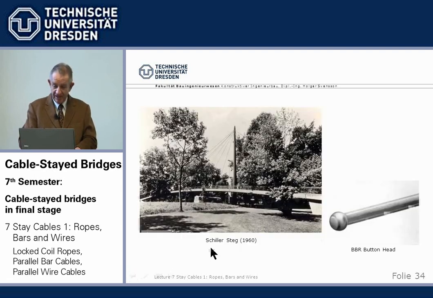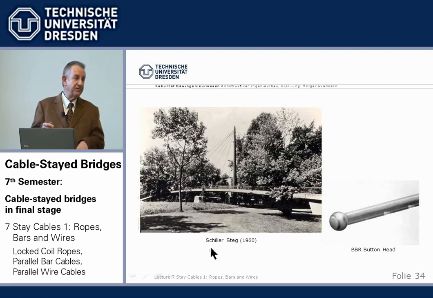Now, how did it all come about? It goes back to 1939. Professor Leonhardt, my mentor, so to say, was in charge of designing and building the longest suspension bridge in Europe, Rodenkirchen Bridge near Cologne across the Rhine River.